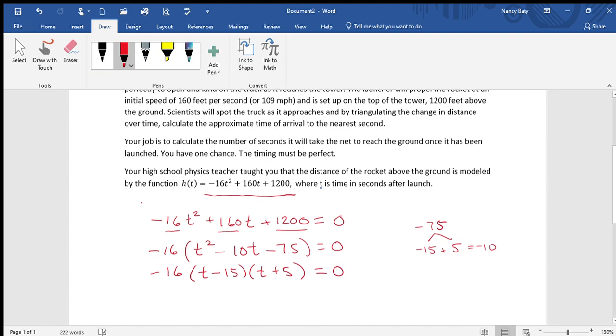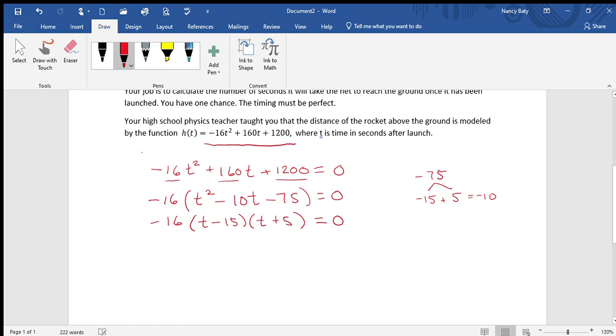Now recall when we have a product that's equal to 0, by the zero product rule, one of the factors has to equal 0. Now, of course, negative 16 can't equal 0 because negative 16 is equal to negative 16. But t minus 15 could be 0, and t plus 5 could be 0.